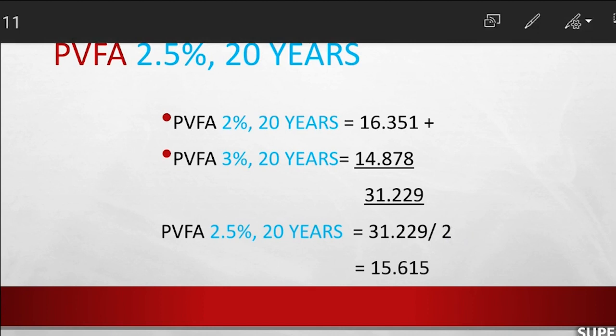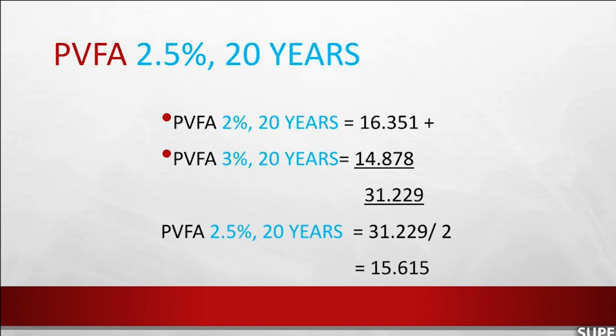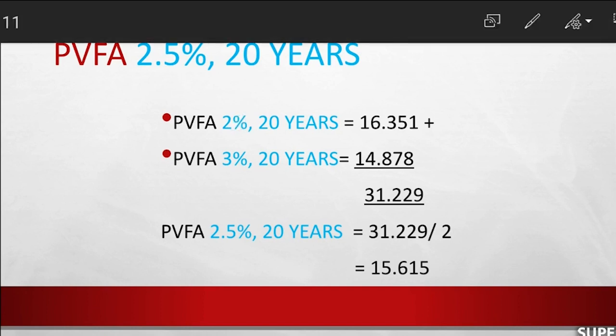That is the present value factor annuity at 2.5% in 20 years. Here we have selected present value factor at 2% and 3%.